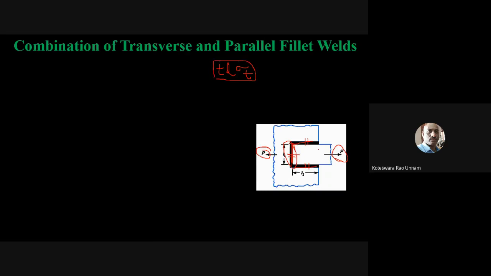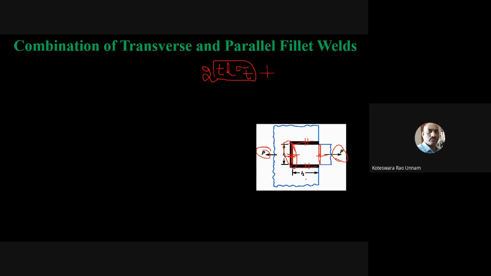Since I have only one, I take only T into L into sigma T. Suppose I have a weld at this location also, that means I have two welds, so I need to multiply this by 2. This is the load carrying capacity of these two transverse fillet welds.